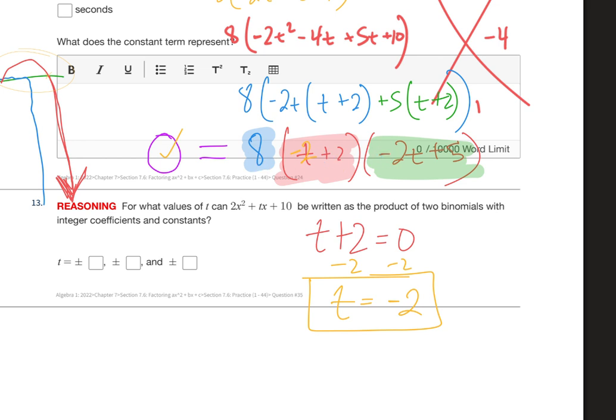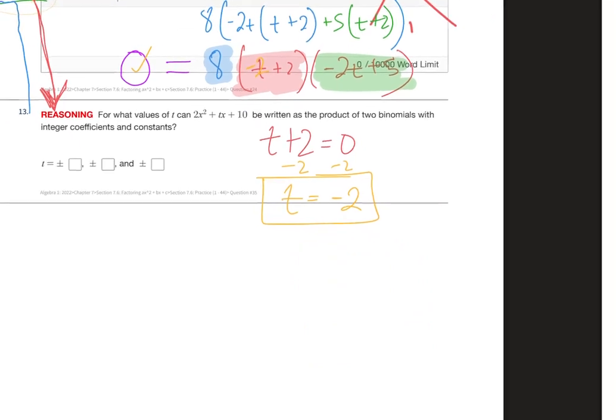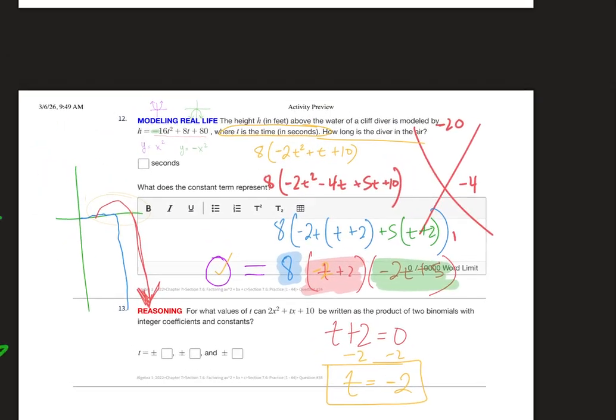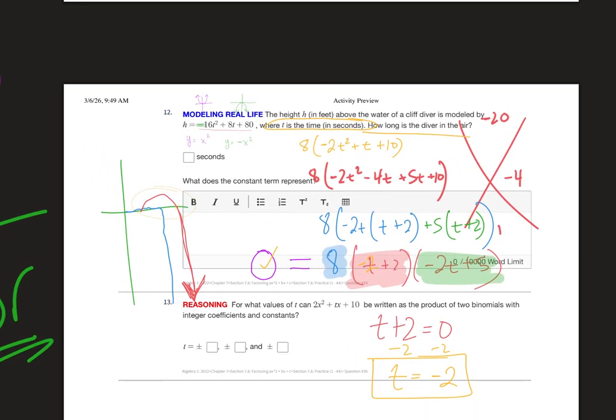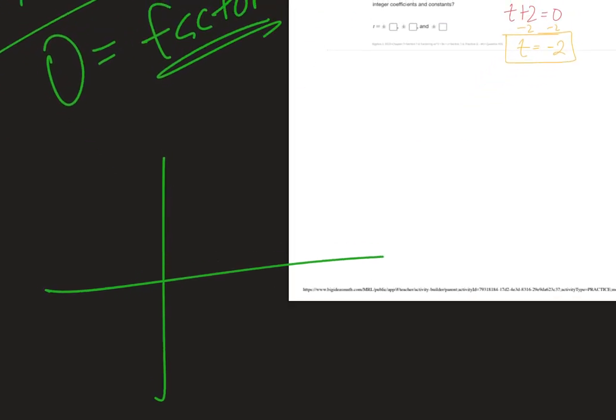So the concept that we're approaching is that at negative 2 seconds, is that how long the diver's in the air? No, that's crazy. Because negative 2 seconds is like, well, let's go with a better picture of the cliff diver. So here's the axis, so to speak. Here's the water.